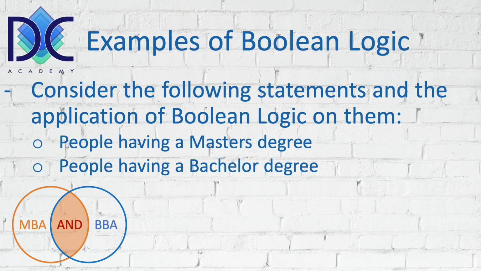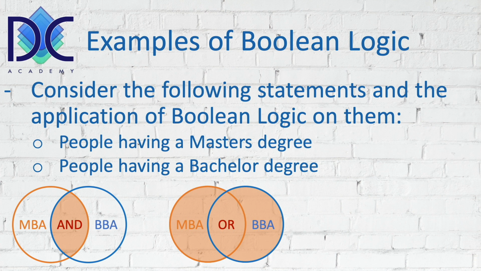So those are the people who are in possession of both of the degrees. People may have only a BBA degree. There may be some people who only have an MBA degree. They could have another bachelor's or another master's degree, but not a BBA. And the intersection are the people who have both degrees, an MBA and a BBA.